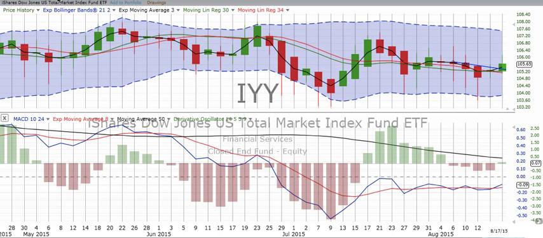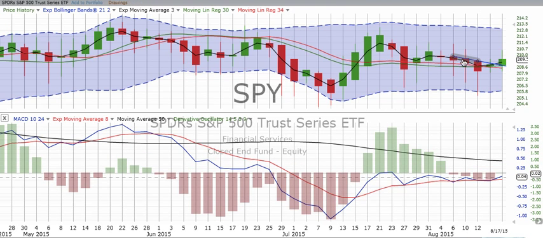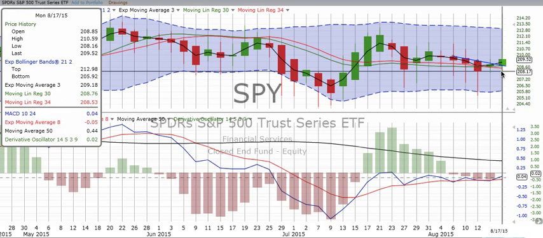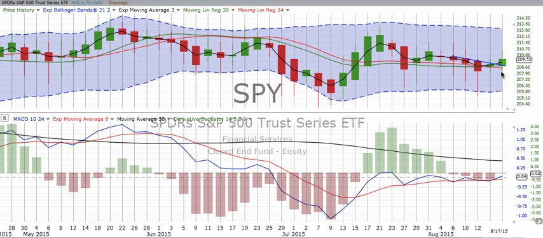Now, let's go back to our 2-day chart, and we will go to SPY. SPY, again, as we talk about, looks somewhat similar many days to the total market because it represents what? The Standard & Poor 500. This is another ETF. It broke through going up as of today, Monday the 17th.